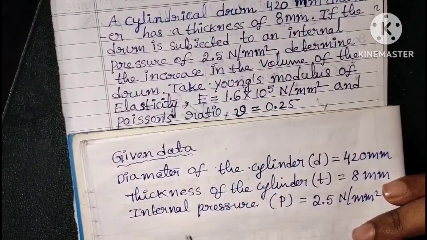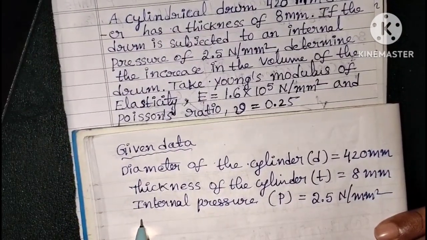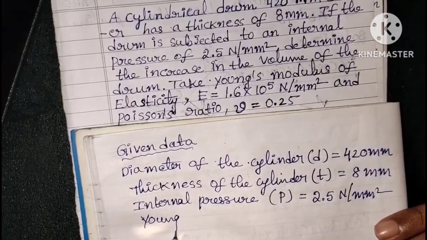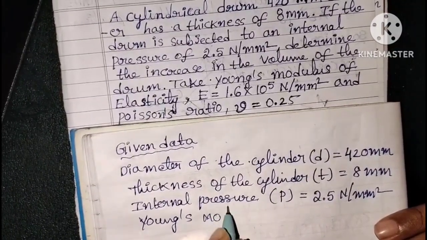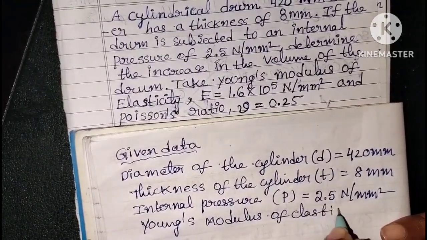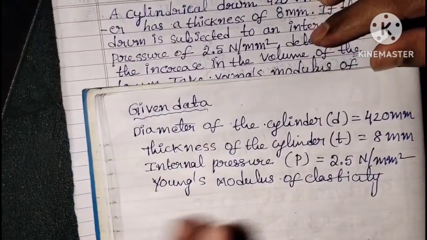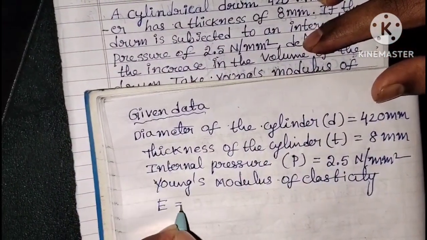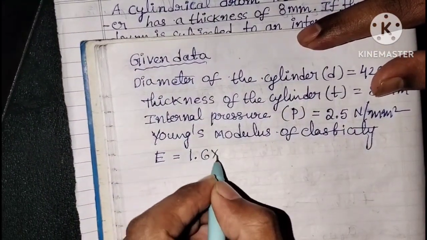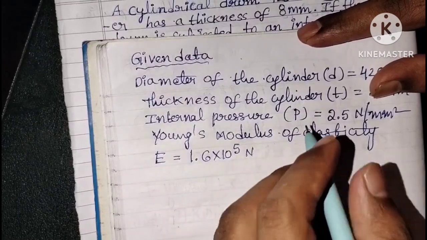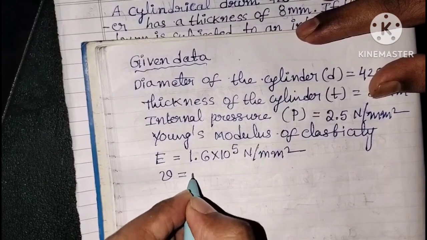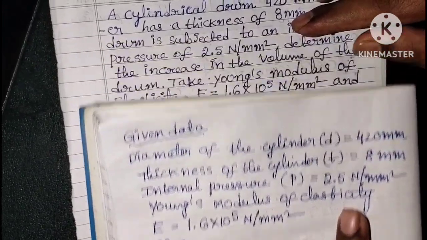Take Young's modulus of elasticity, generally denoted by E. E is equal to, given how much? 1.6 into 10 to the power of 5 Newton per mm square, and given Poisson's ratio nu is equal to, I think, 0.25.